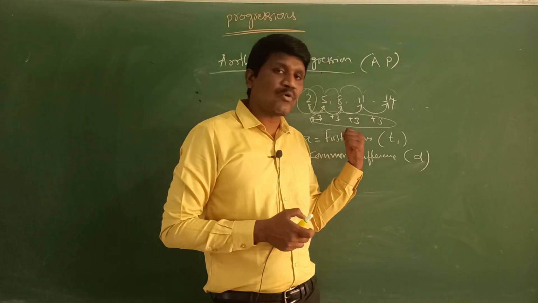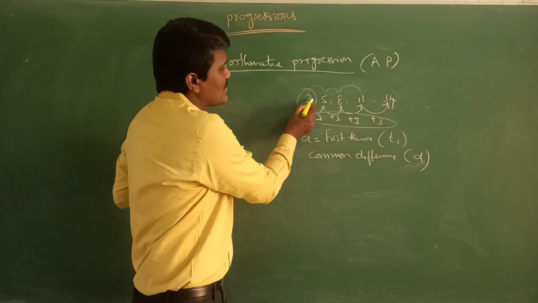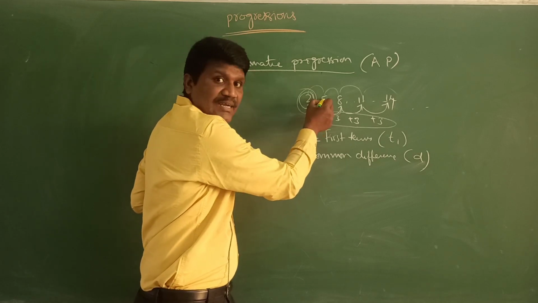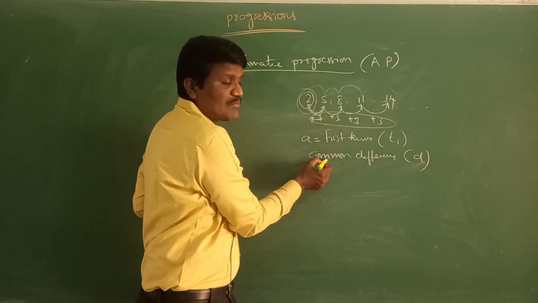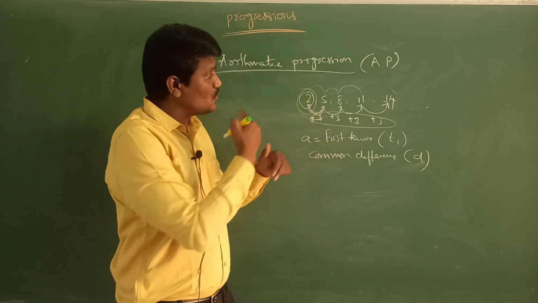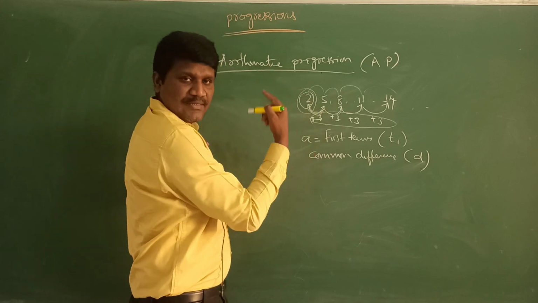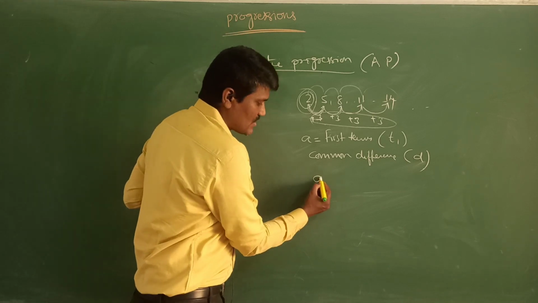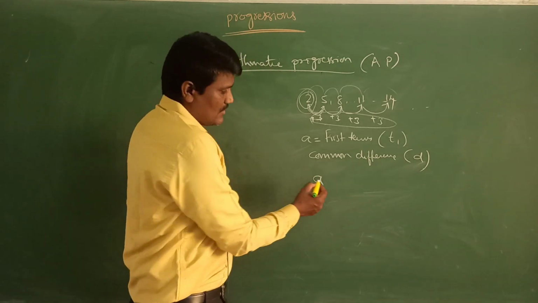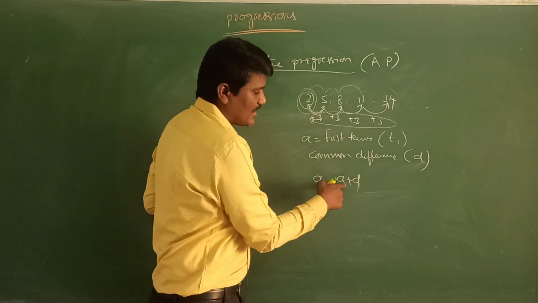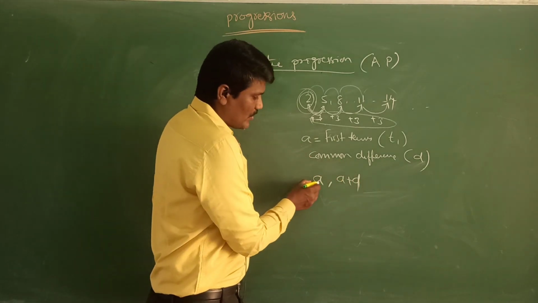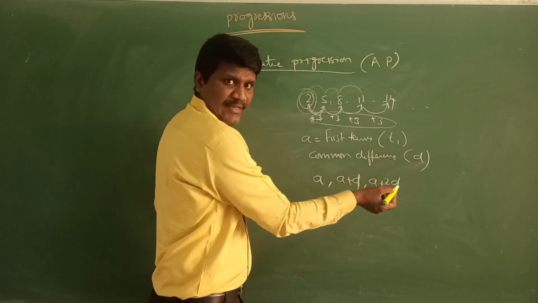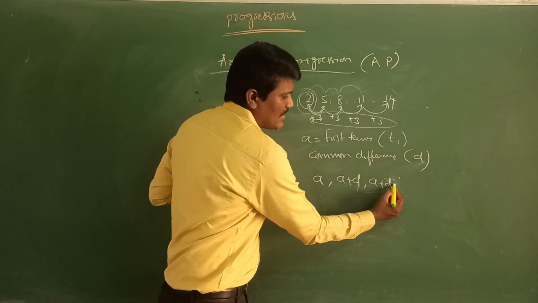So in an arithmetic progression, how will the progression be? The first number will be there, and if we add 3 to this, I get the second number. What is 3 here? 3 is nothing but the common difference. So the arithmetic progression is A, the first term is always A, and the second term we get by adding D: A plus D. Then A plus 2D.